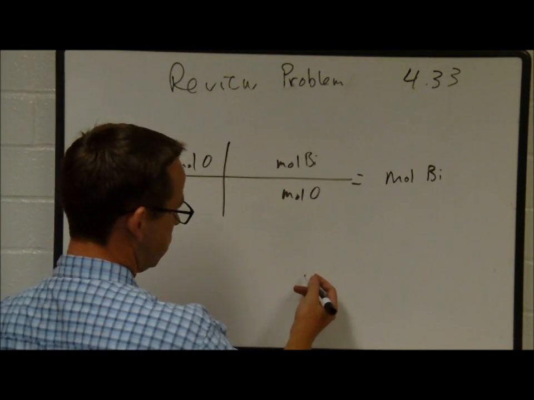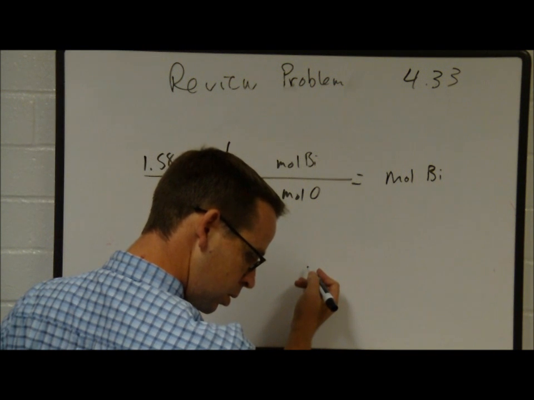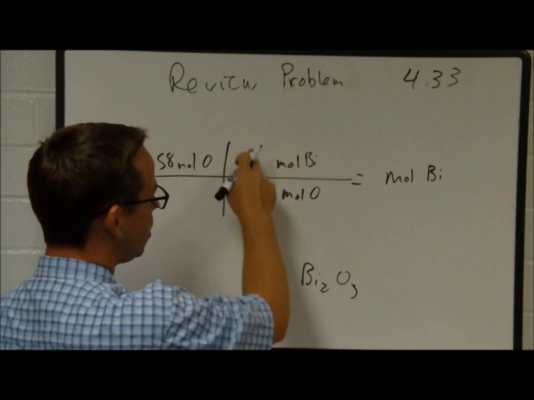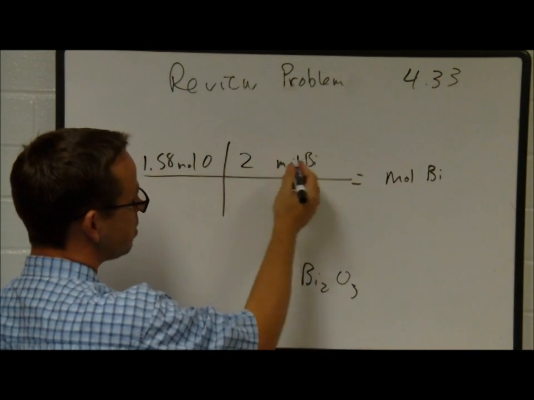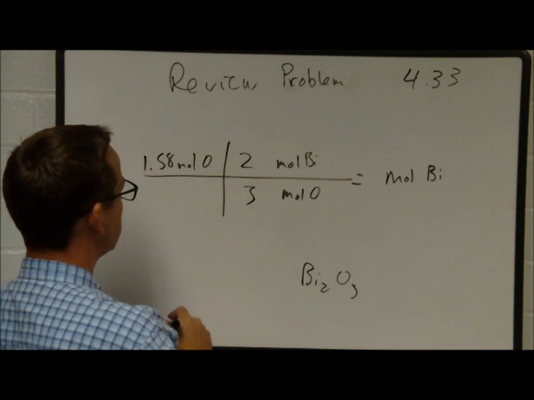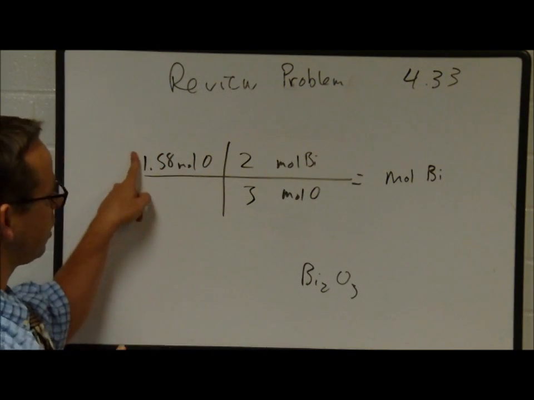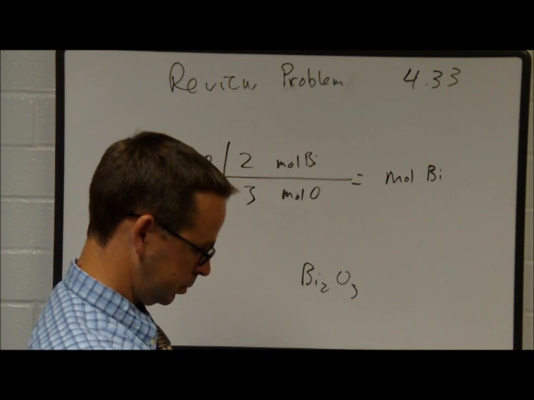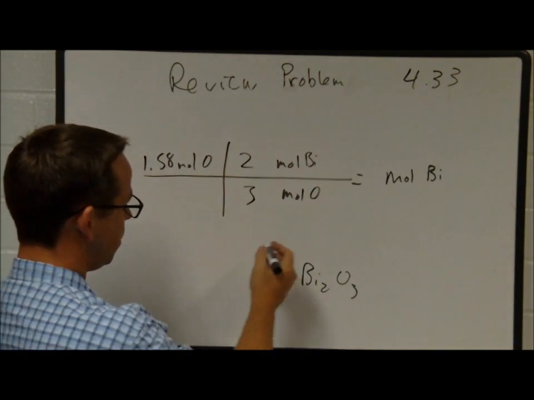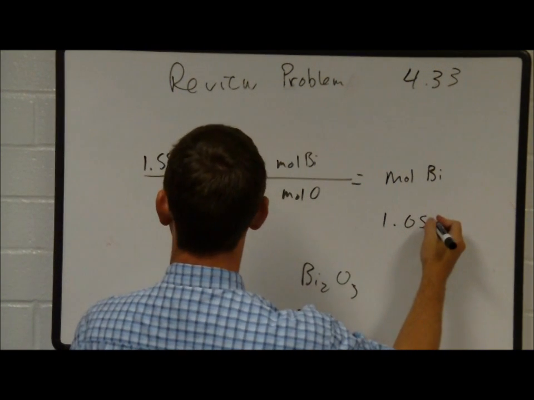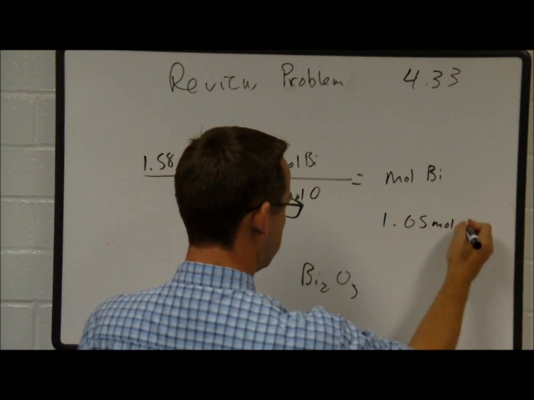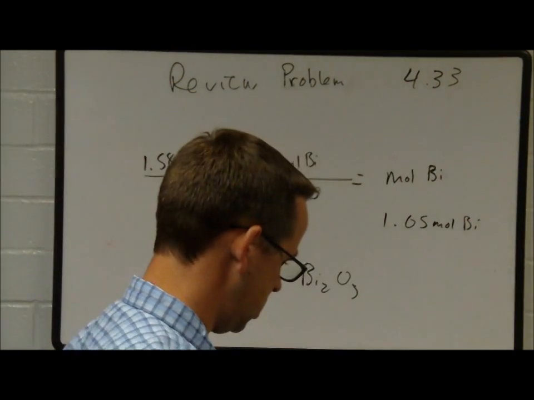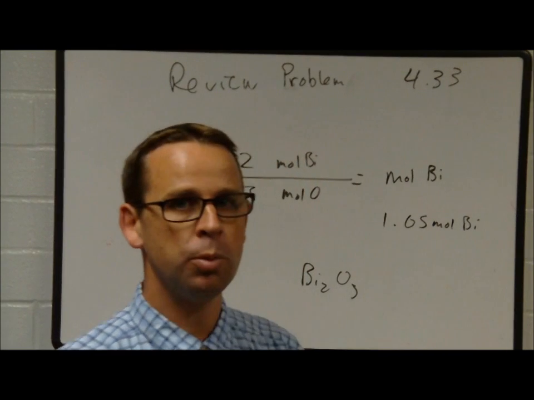Well, we know in one of these compounds there are 2 moles of bismuth for every 3 moles of oxygen. So if we take 1.58, multiply by 2, divided by 3, I'm getting 1.05 moles of bismuth.